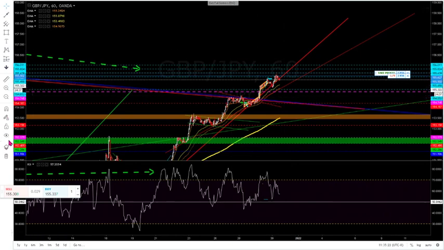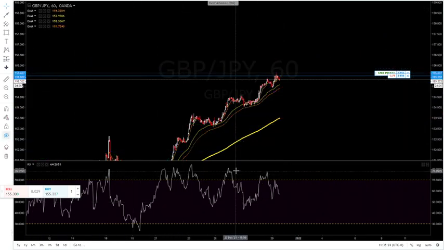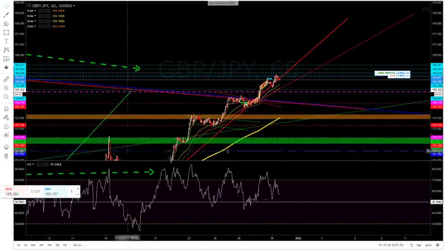All right, so let me mark this up. I forgot where I was at. All right, boom. So here's hidden bullish divergence, which is a continuation pattern. This was confusing me at first, but I got it down now.